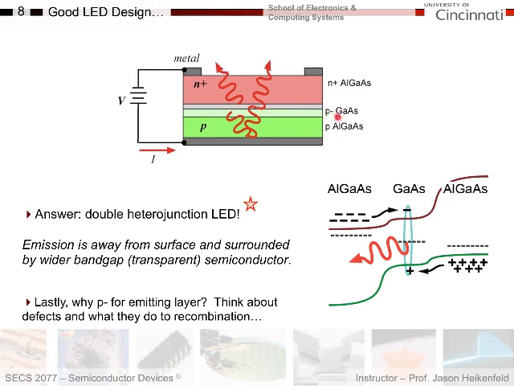Last thing you'll note here is they make this the emitting layer P minus gallium arsenide, meaning it's really lightly doped where the emission occurs. Why do they do that? Well, remember, when we talked about light emission for semiconductors, we said that defects, like you have at a surface, or defects inside the semiconductor could dominate the recombination and cause the recombination to just generate heat.